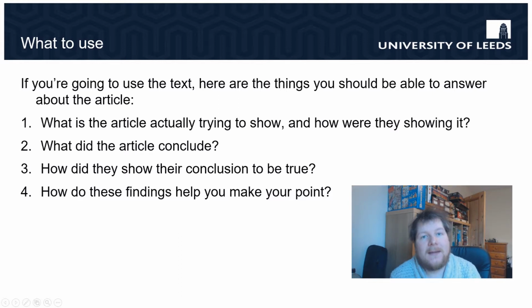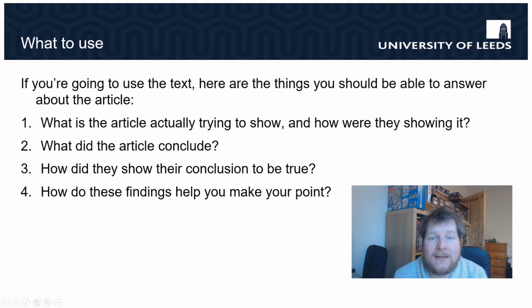Sometimes the overarching point of the paper is entirely irrelevant to the point that you're making. If it is, then you need to answer those particular 3 questions about that particular subset of information that you're trying to talk about. So, how did they show what you're saying that they showed?